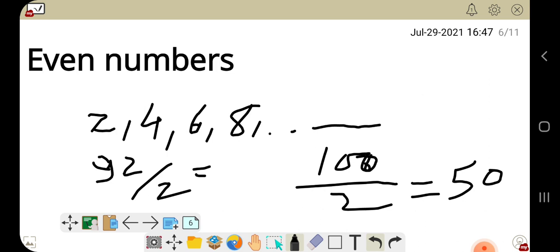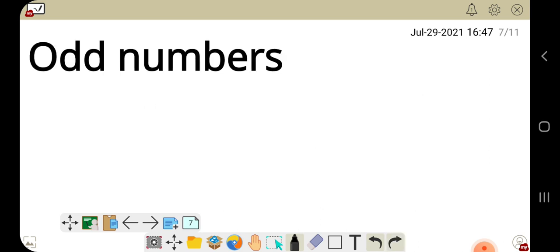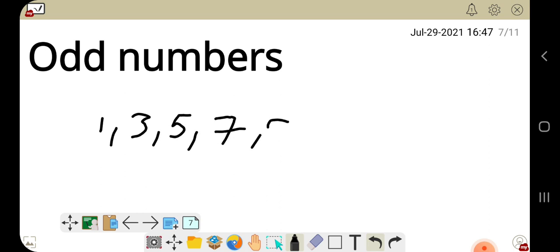So even numbers are the numbers which are divisible by 2. The next concept is odd numbers. Odd numbers are the numbers which are not divisible by 2. I mean to say 1, 3, 5, 7, 9, 11, 13. Such numbers are called as odd numbers. These numbers are not divisible by 2.